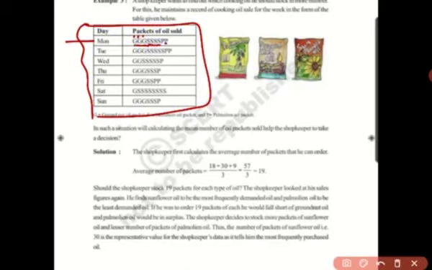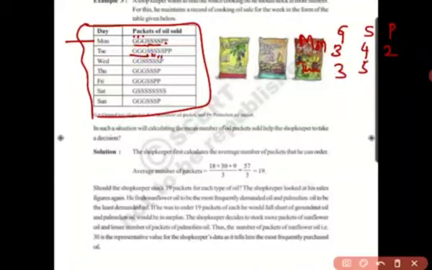So on Monday, groundnut, sunflower, and palm oil: there are 3 packets of groundnut oil, 4 packets of sunflower oil, and 2 packets of palm oil. Then on Tuesday, again 3 packets of groundnut, 5 packets of sunflower oil, and 2 packets of palm oil again.